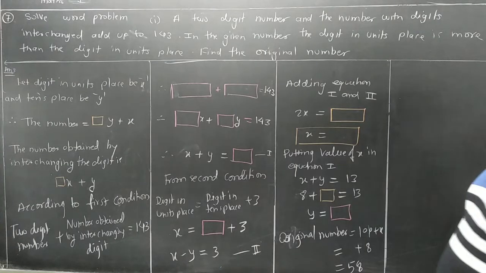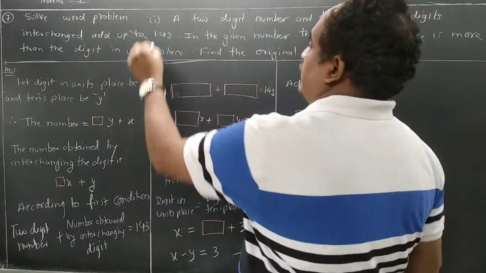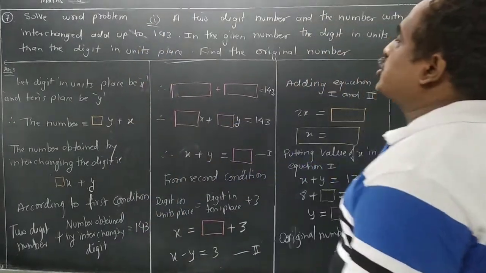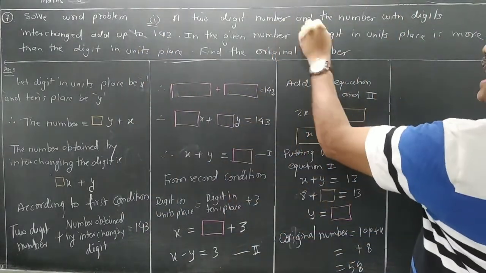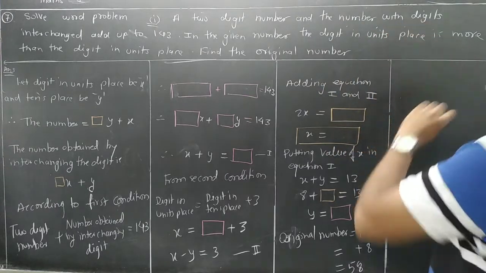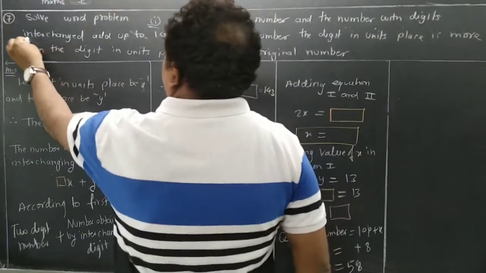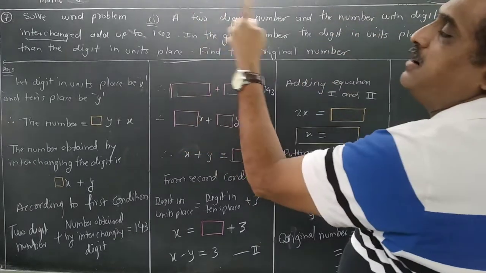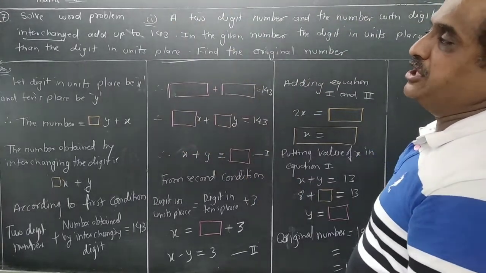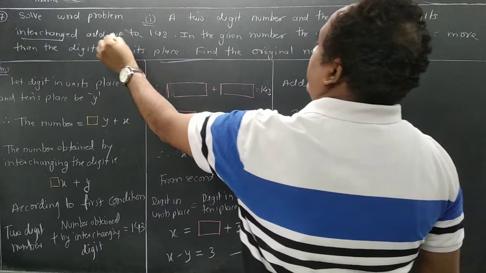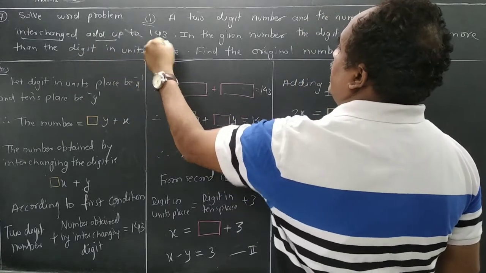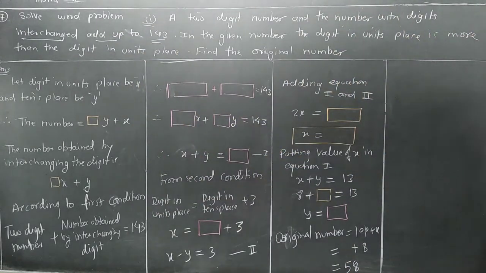Now, question number 7. First question: a two-digit number and the number obtained by interchanging its digits, when you add them up, what are you getting? 143.